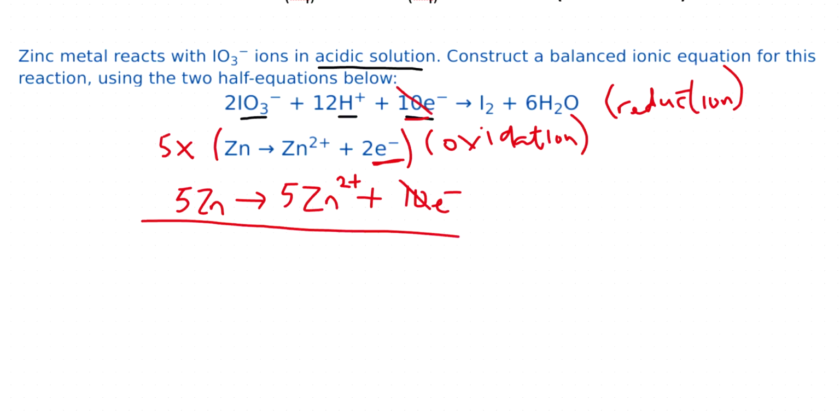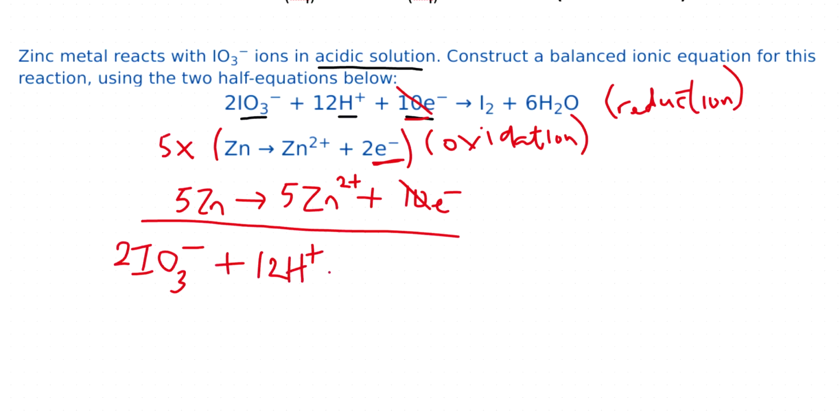So we have the 2 moles of the iodate ion plus 12 moles of the hydrogen ion plus 5 moles of the zinc.